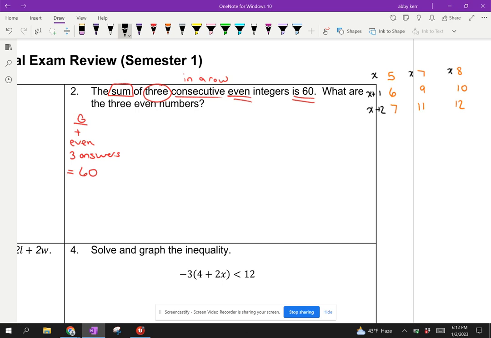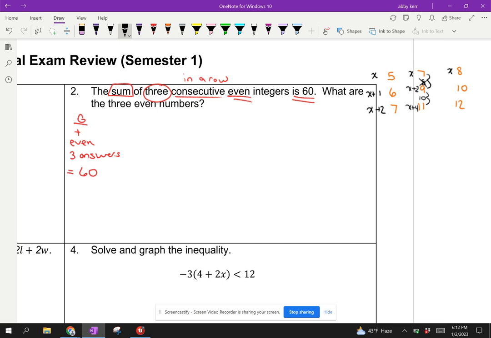However, for even and odds, we have to be mindful that we are jumping over 2 numbers. Well, we're only actually jumping over 8, which is 1 number, but 2 spots. So that's why it's x plus 2. Now we're jumping over 10, which is another 2 spots.